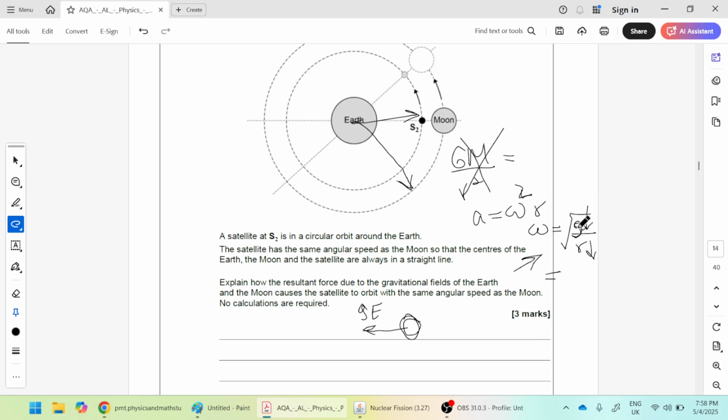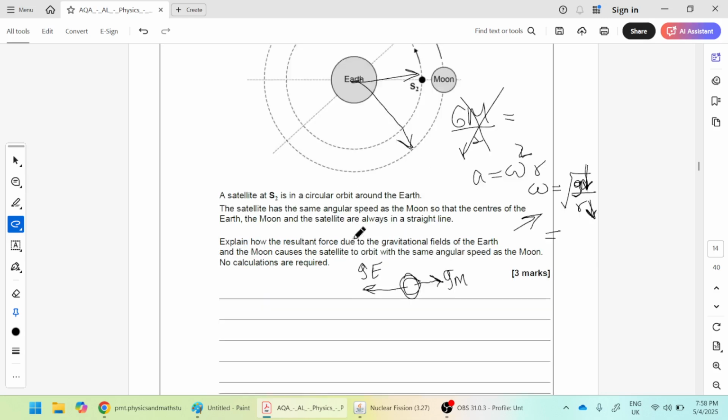This number is going to be higher, which will lead to omega being higher. So there must be some other gravitational field strength from the moon which is fighting it and making the gravity decrease by the same amount as the radius so that omega can remain constant.